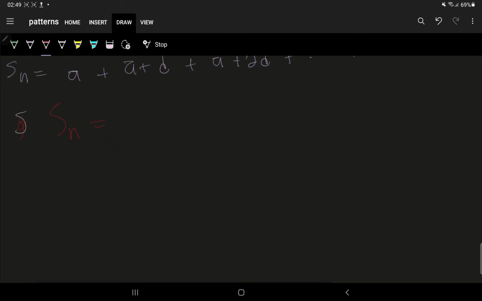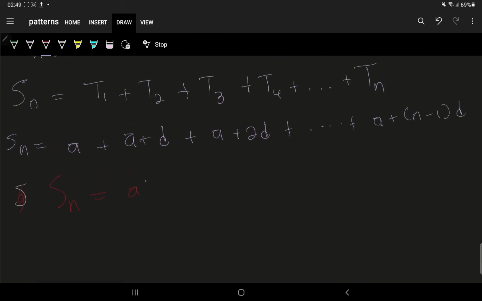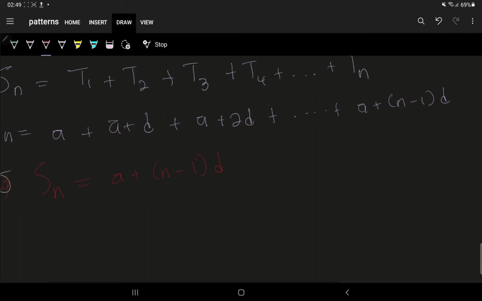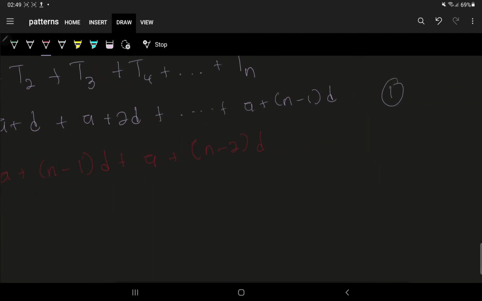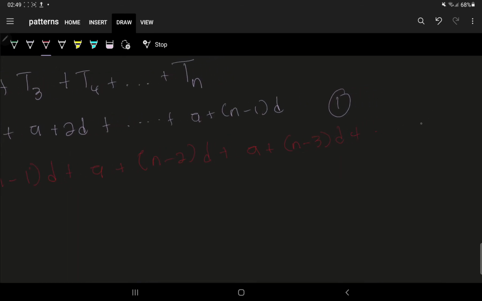So Sn equals, we're going to start with the last term, a plus (n minus 1) multiplied by d, plus the term that comes before the last term, which is a plus (n minus 2) multiplied by d, plus the term before that, a plus (n minus 3) multiplied by d, then plus up until it will be plus a.